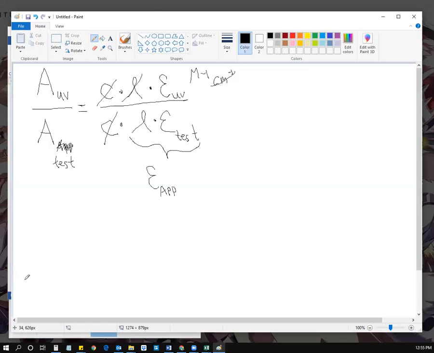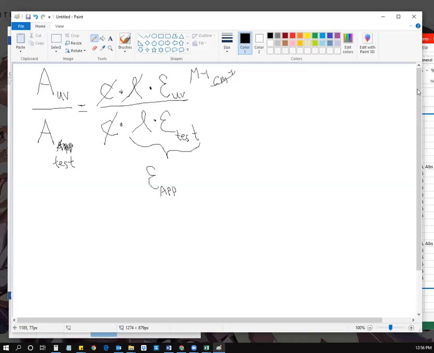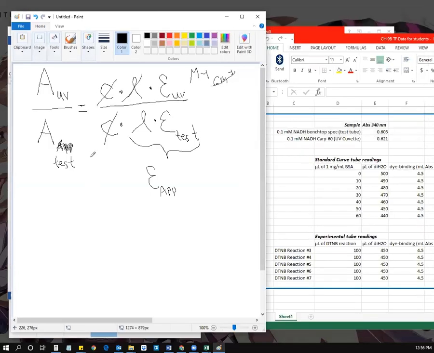Your Chapter 9 BTF data Excel file that I distributed on Blackboard is going to have those absorbance values at 340 nanometers right here. And so what I'm going to do now is finish off this part B1 calculation by substituting in all the values that we know.